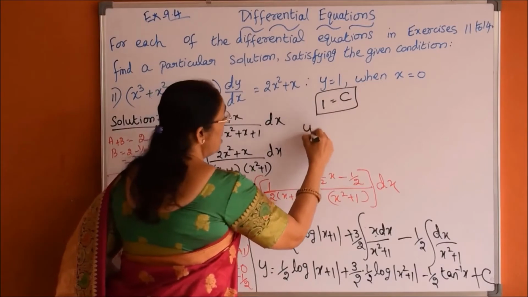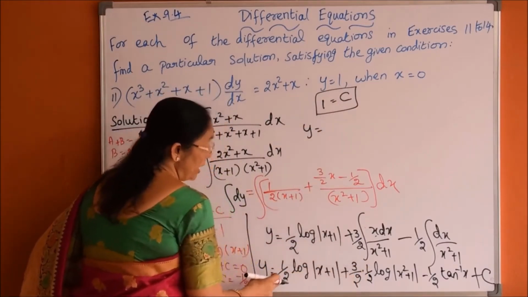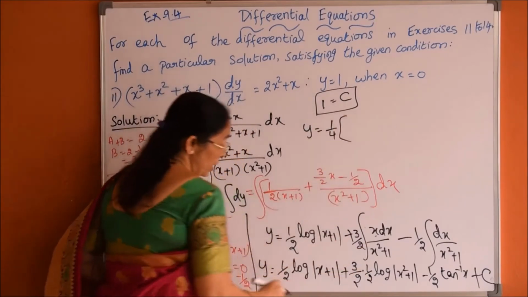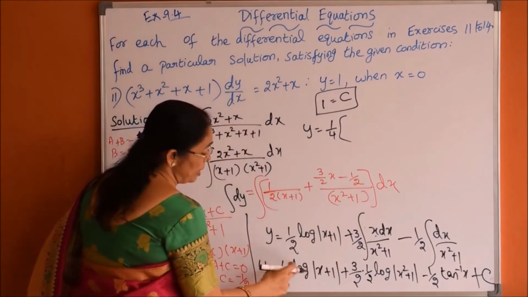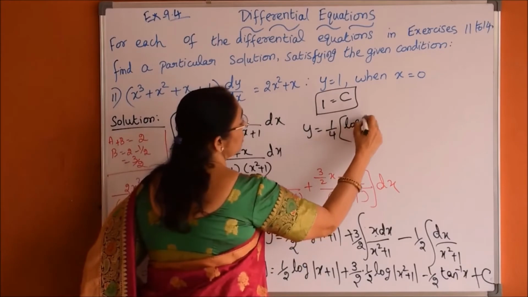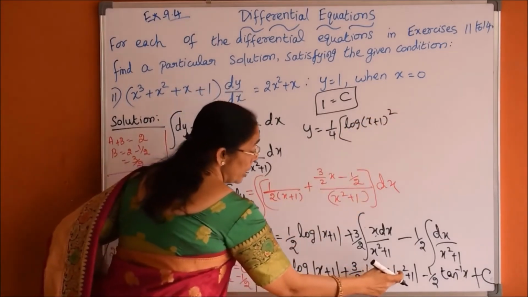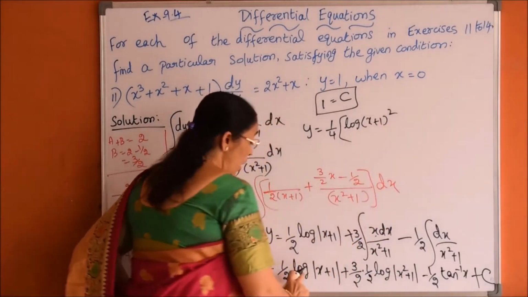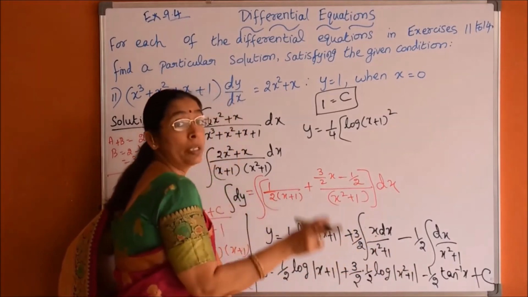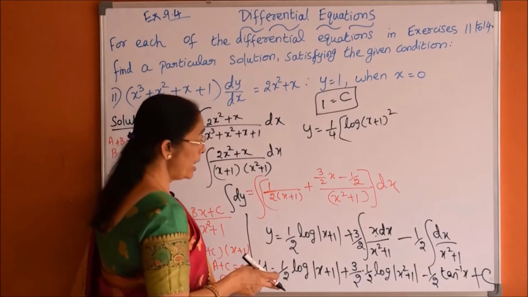Now y is equal to, we can take 1 by 4 outside. If I take 1 by 4 outside from these two terms, we get 2 multiplied here: 2 log|x + 1| or log (x + 1) whole squared, and this one is log (x² + 1) whole cubed. Now log (x + 1)² plus log (x² + 1)³ is log a plus log b, which is nothing but log ab.